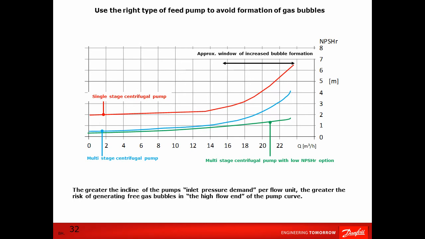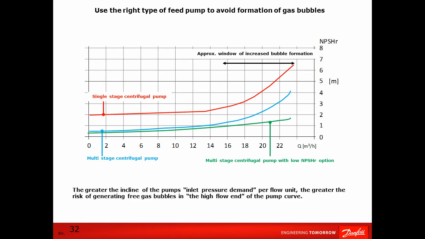Now, let's take a look at different kinds of centrifugal pumps and their properties as feed pumps. As you can see, the single-stage centrifugal pump has the highest NPSHR values and the highest incline in the high-flow end. The incline indicates a high probability for high-flow cavitation.